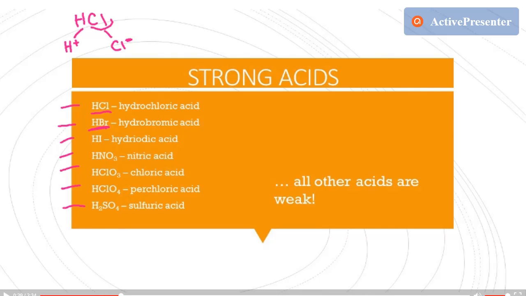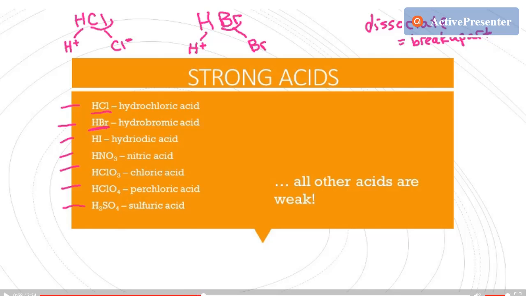If you take hydrobromic acid, HBr, this H is going to dissociate, and that just means break apart. And the bromine is going to break apart from the HBr, and the bromine is going to have a negative charge.